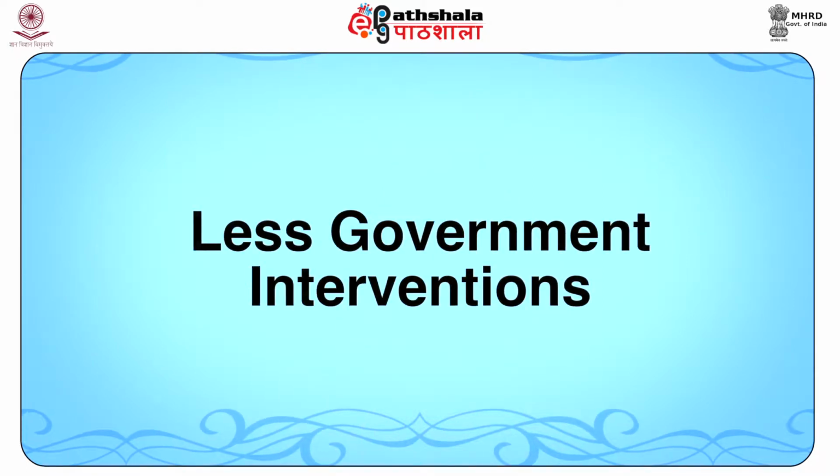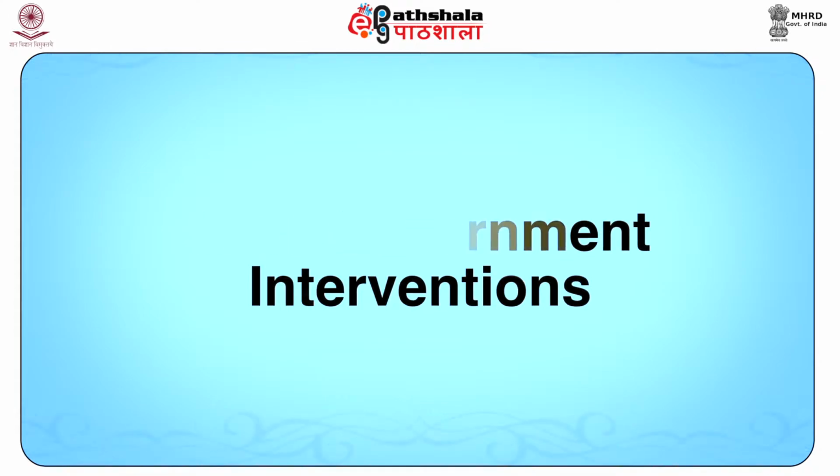CSR helps in less government intervention. When a company voluntarily works for the society, there is very little governmental intervention to control business activities. Fines, penalties, regulation and controls restrict the flexibility of business.